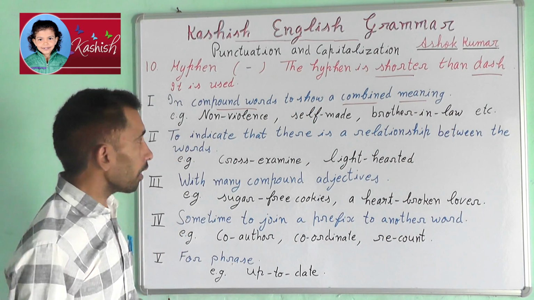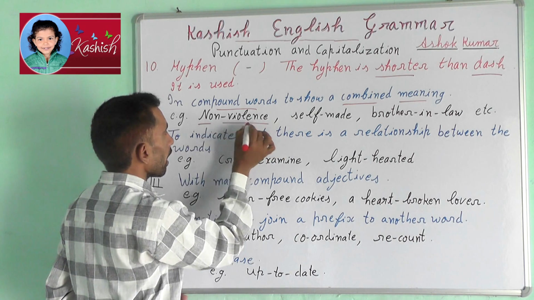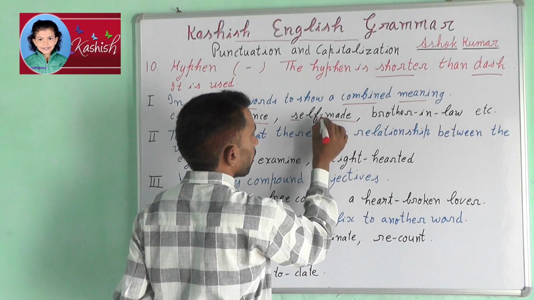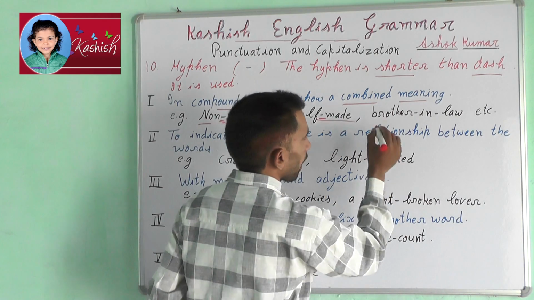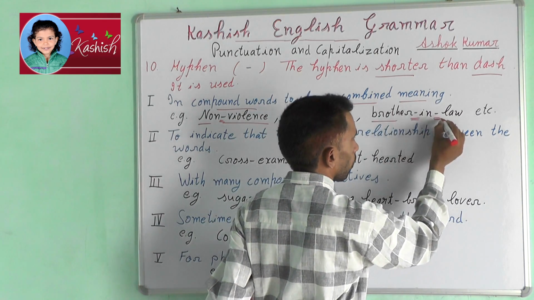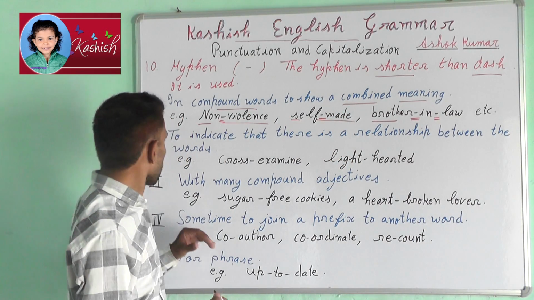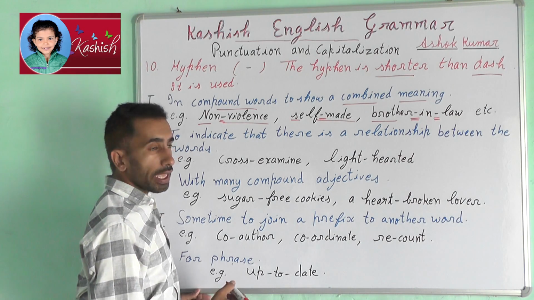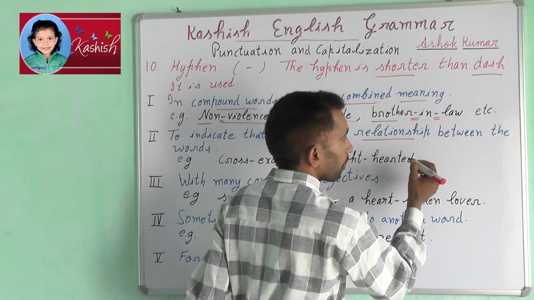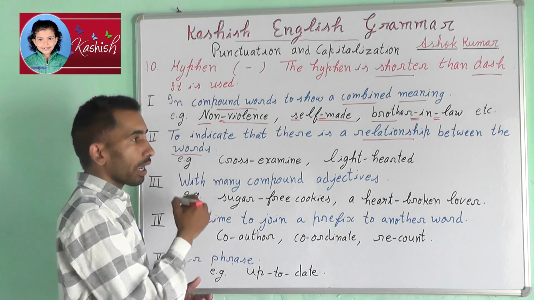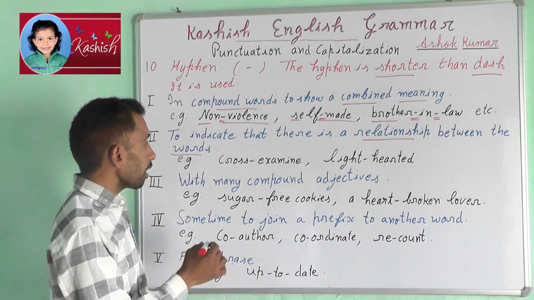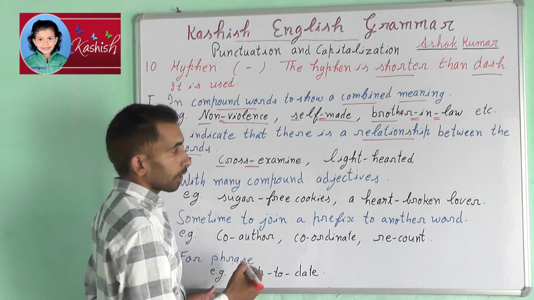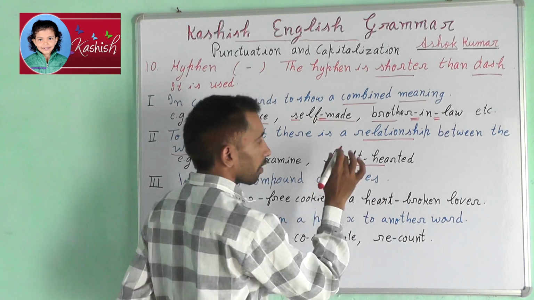For example, non-violence, self-made, brother-in-law, etc. Second, to indicate that there is a relationship between the words. For example, cross-examine, light-hearted.